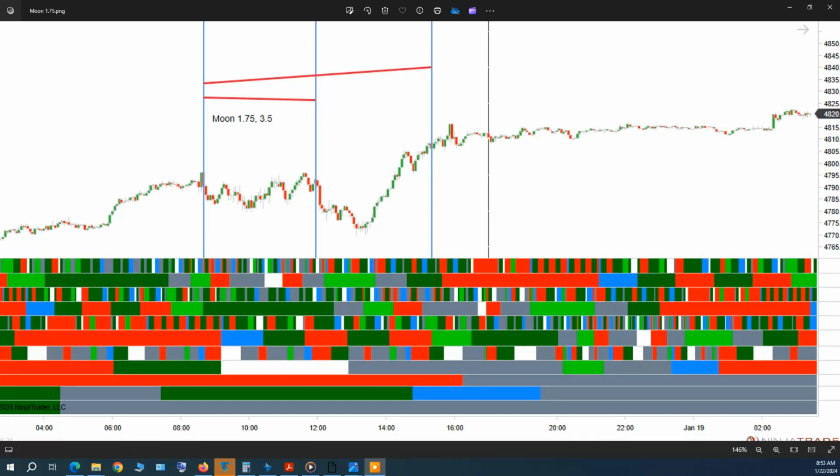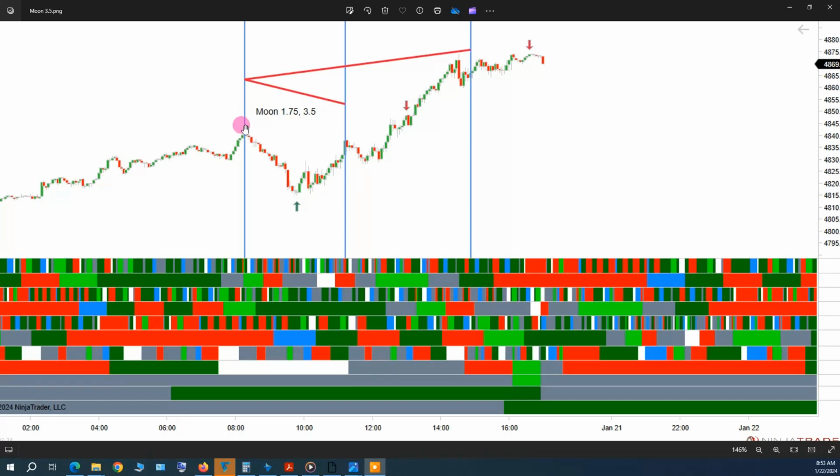Take a look at a chart from the 19th. I've got two sets of projections on this chart. The same thing, the moon 1.75 and 3.5, anchored from this high, gives you this high here, and then the bottom of a minor reaction here. Then the next projection is measured with the arrow. The anchor point is this low here, which happened to be the low of the day at around 9:45.